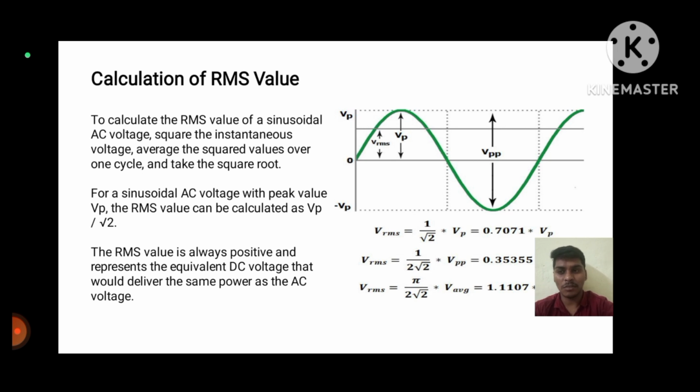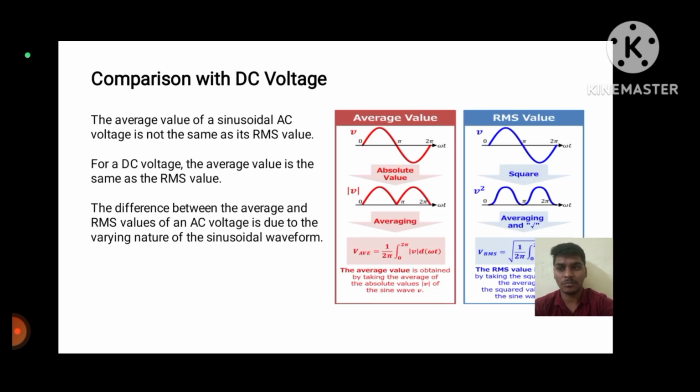The RMS value is always positive and represents the equivalent DC voltage that will deliver the same power as the AC voltage.